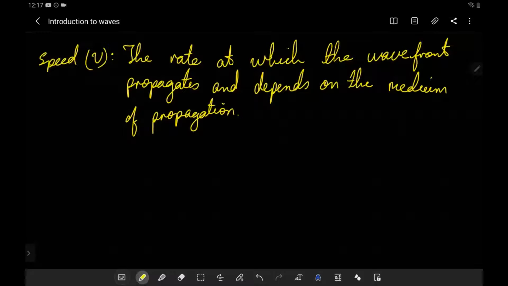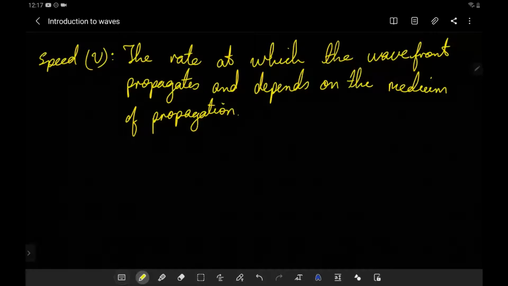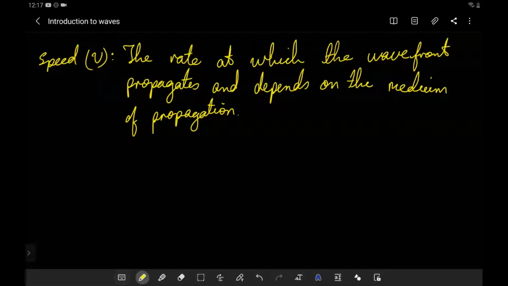The rate at which the wavefronts propagate is not just the frequency, and the distance between two wavefronts is a wavelength. So we can define speed as we saw previously with frequency and wavelength. And of course, we know that light slows down in glass.